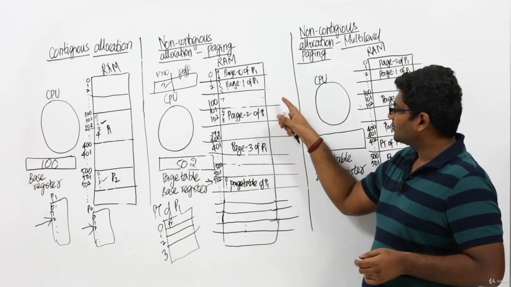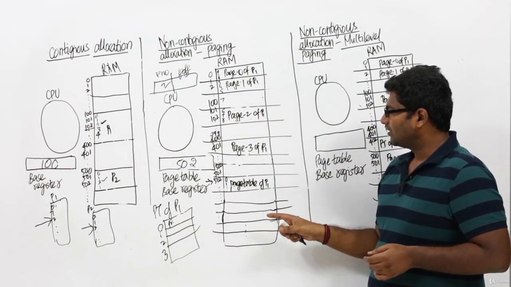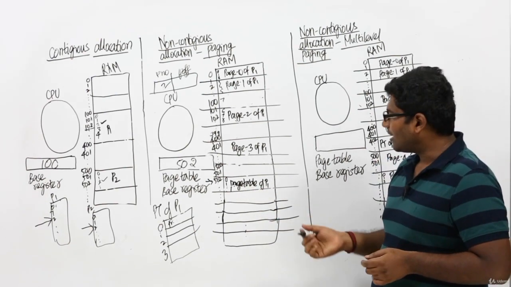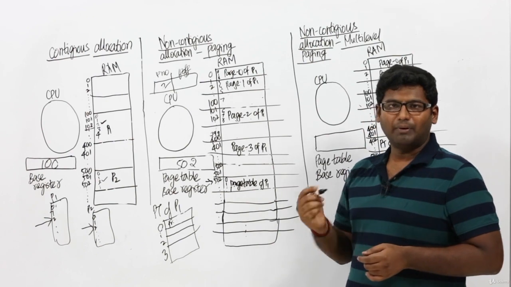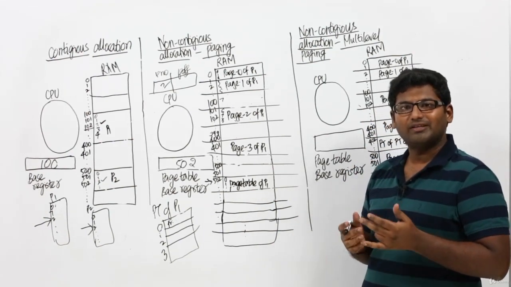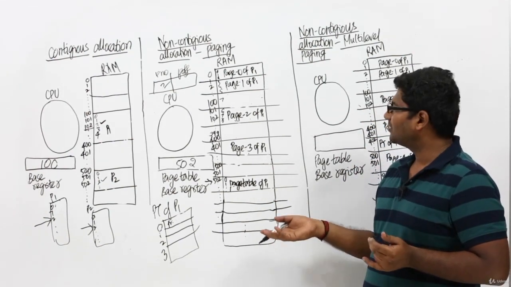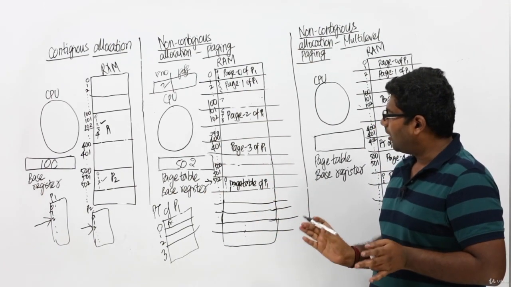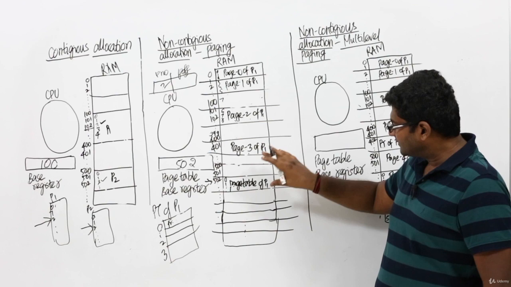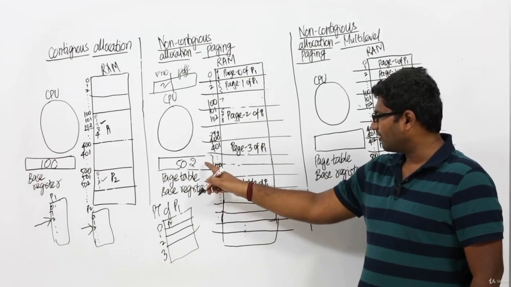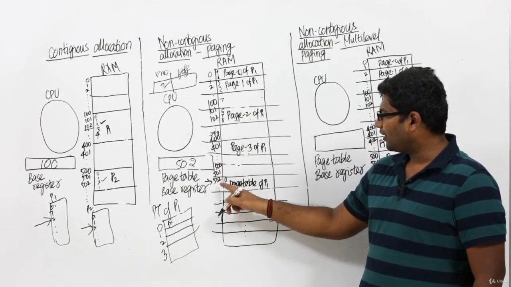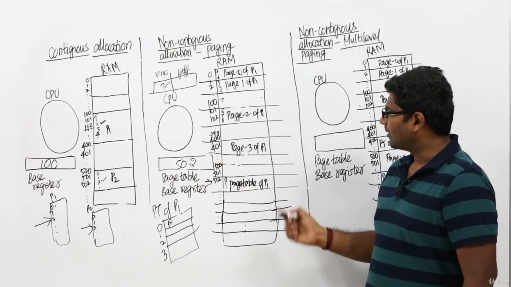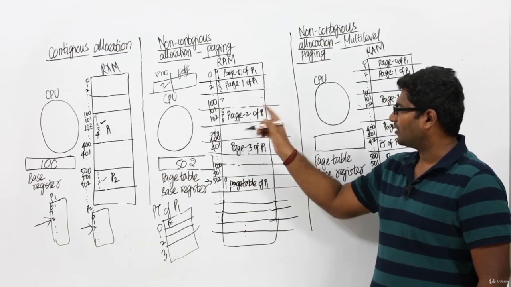Here our process is not loaded in contiguous addresses, but our page table is, and so we are able to index into the page table using simple addition. But we were not able to index into the pages using simple addition because the process is not loaded in contiguous addresses. So what you can understand from this is, since the page table is loaded in contiguous addresses, we are able to go into it using simple addition. But this takes more time because it needs to refer to the page table once and the process once.